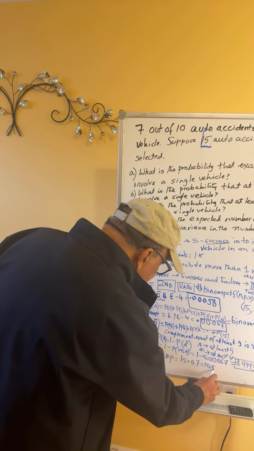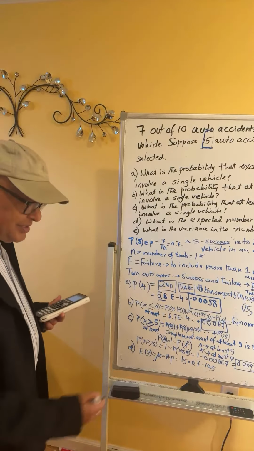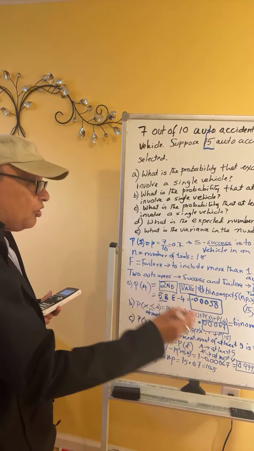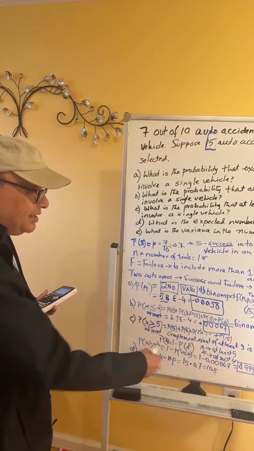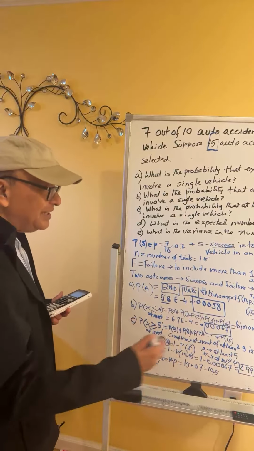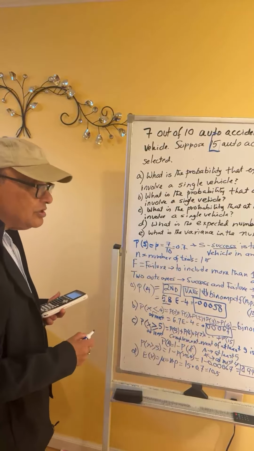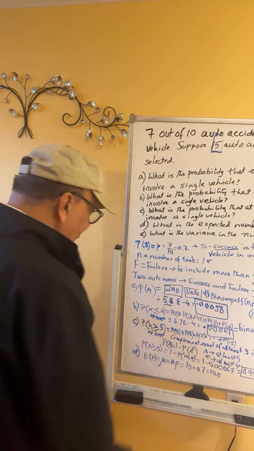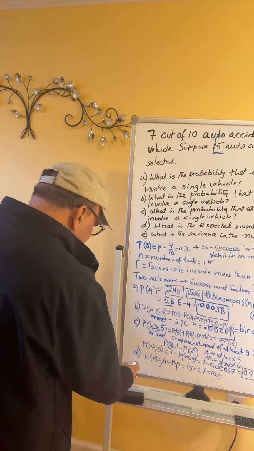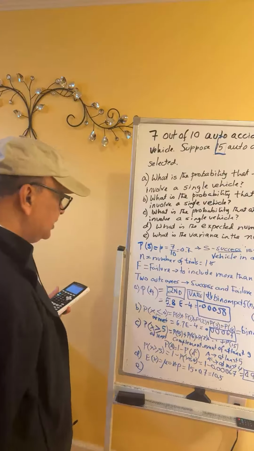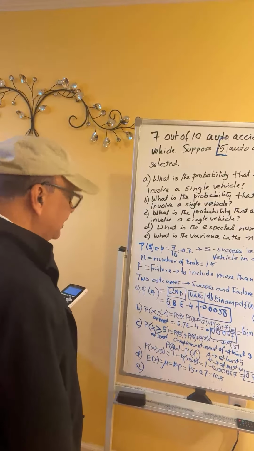That is my expected value. So what does it mean? If I select 15 auto accidents at random, at least 10.5, or in reality 11 of them will include one single vehicle.